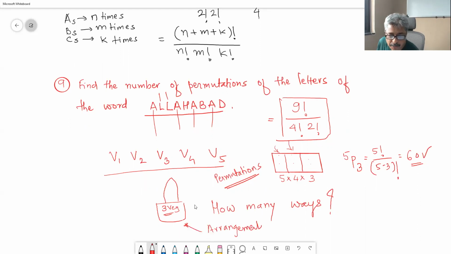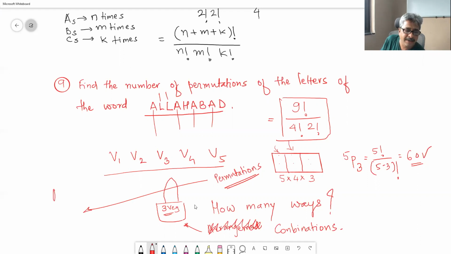Sorry, permutations and arrangement are the same. These are combinations. In how many ways can I carry 3 vegetables home? I am talking about combination. In how many ways can I display 3 vegetables in my vegetable shop? I am talking about permutations. So permutation goes with arrangement.